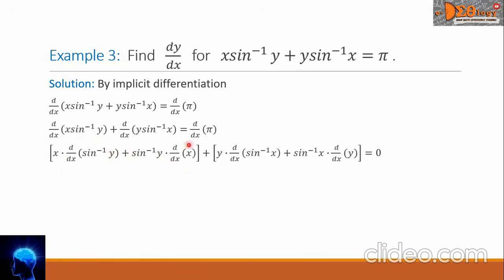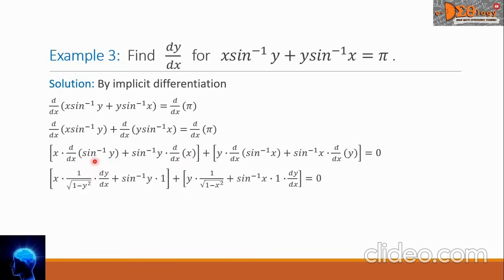Then plus we take the derivative of the second group here, we copy the y times derivative of sine inverse x plus we copy that second function times the derivative of the first function equals the derivative of the right side, which is pi, and we know that pi is a constant. So derivative of a constant is 0. The next step is we're going to evaluate the derivatives respectively.